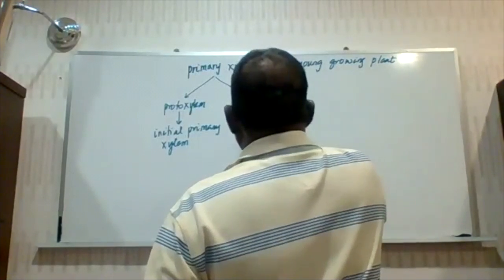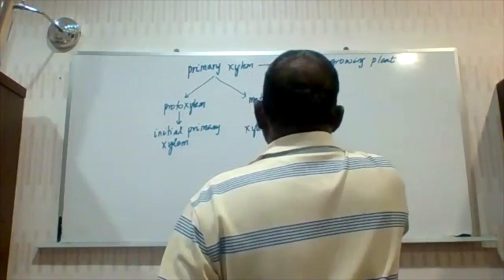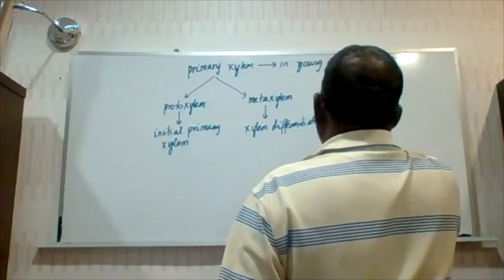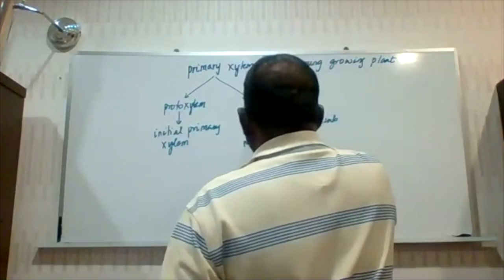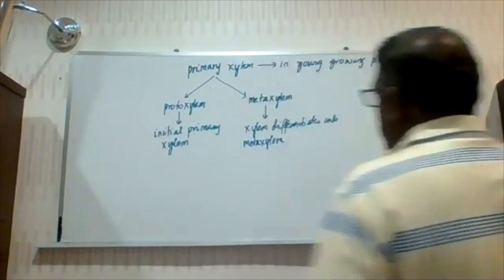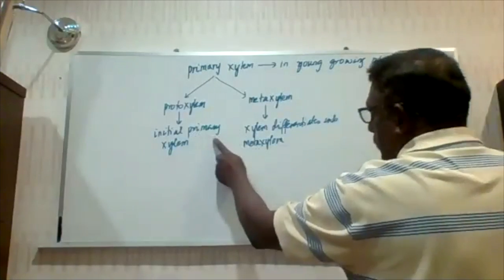So the xylem differentiates. Xylem differentiates into metaxylem. That means you need to know that the protoxylem is the initial primary xylem.